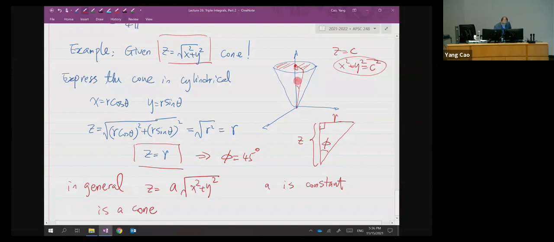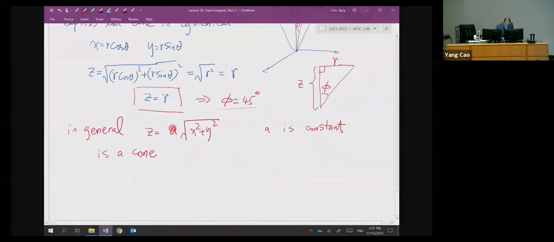Look at how this phi angle is created: we arbitrarily created a line on the edge of the surface of the given cone, and we demonstrated that the phi angle equals 45 degrees. So next time, if I give you an expression, this is actually part of the spherical coordinates, if I tell you phi equal to 45 degrees, what does this geometry look like? Now you can visualize it in your head: it's a cone, everywhere at 45 degrees.